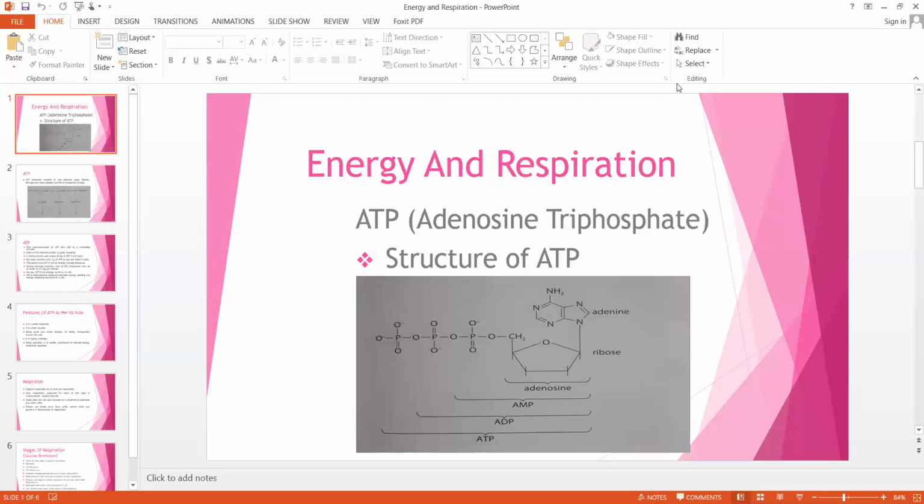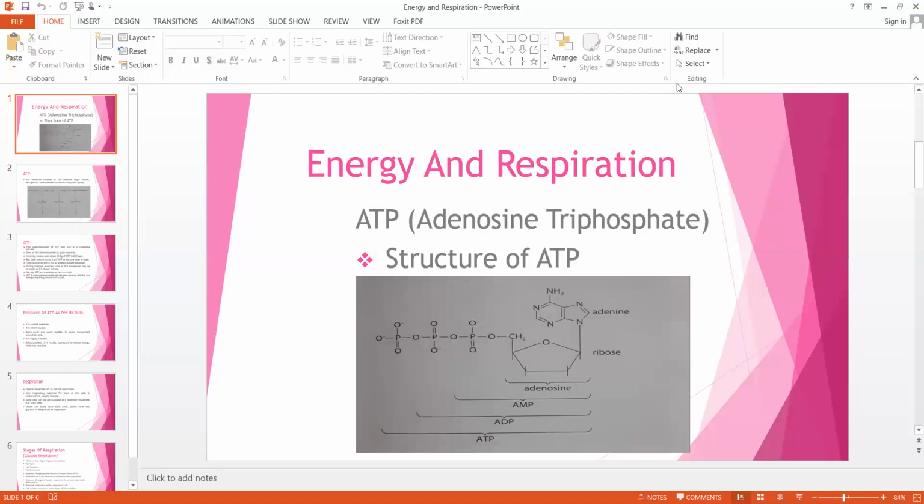Now, after this, we come to the structure of ATP molecule. Now, what is ATP? Basically, in the process of respiration, of course, energy is released. But that energy is not directly used in all those reactions which require energy.